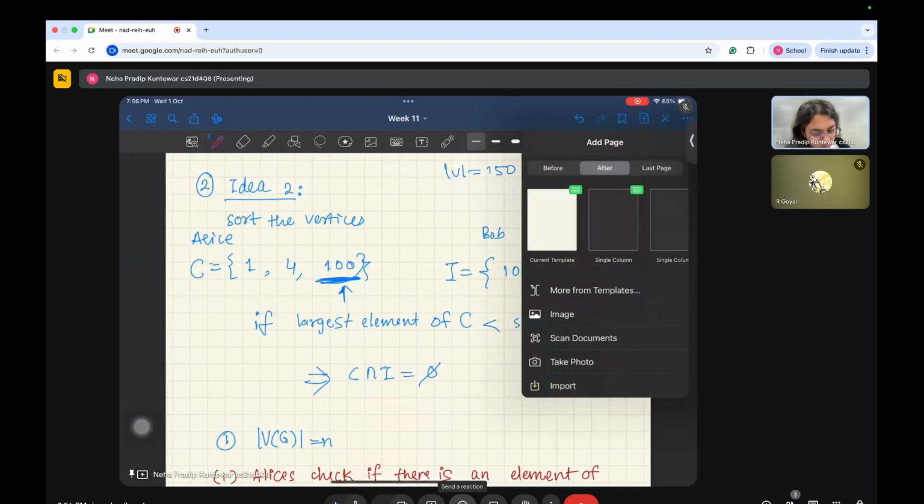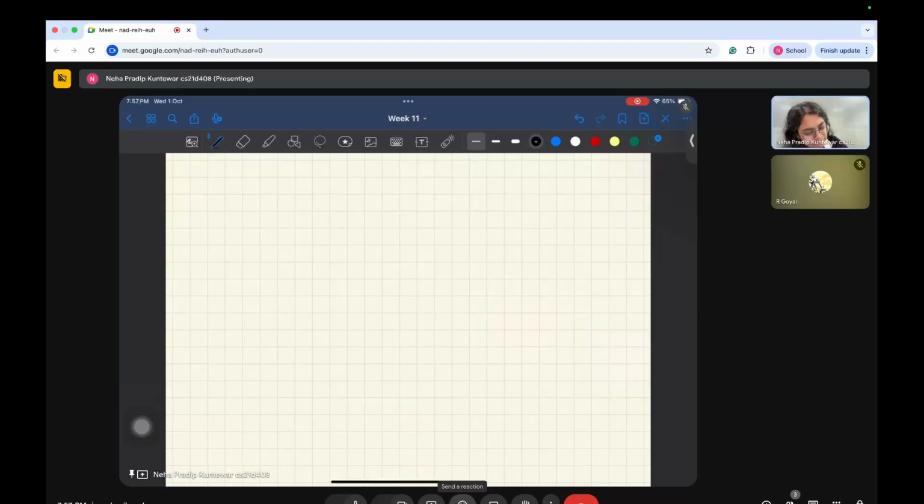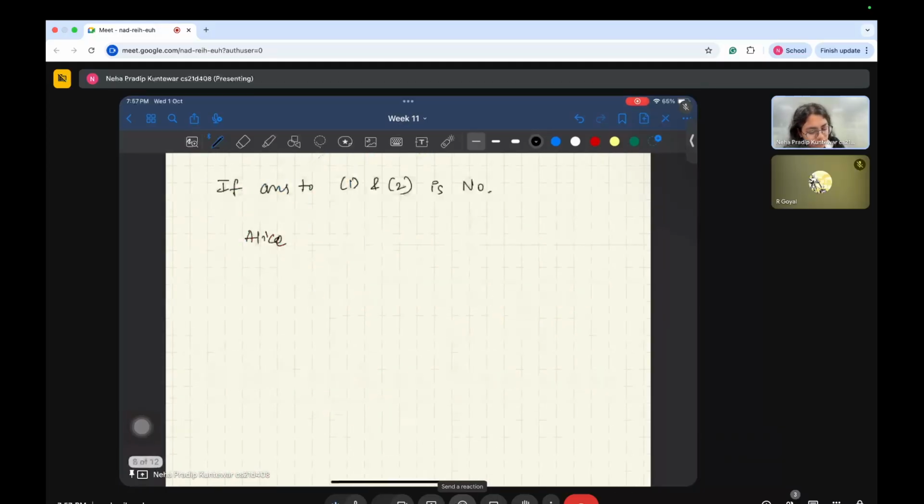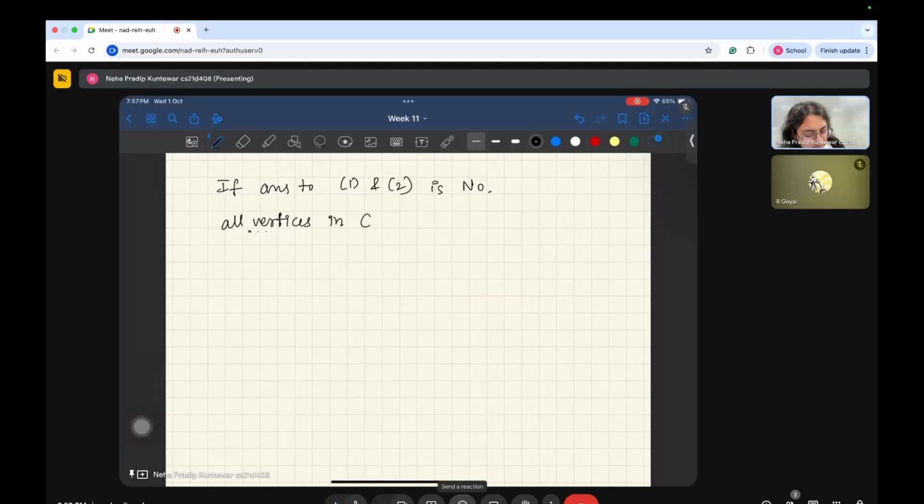So if the answer to 1 and 2 is no, that means all the vertices in Alice's set C have degree at most n by 2, and all the vertices in Bob's set I have a degree greater than n by 2.